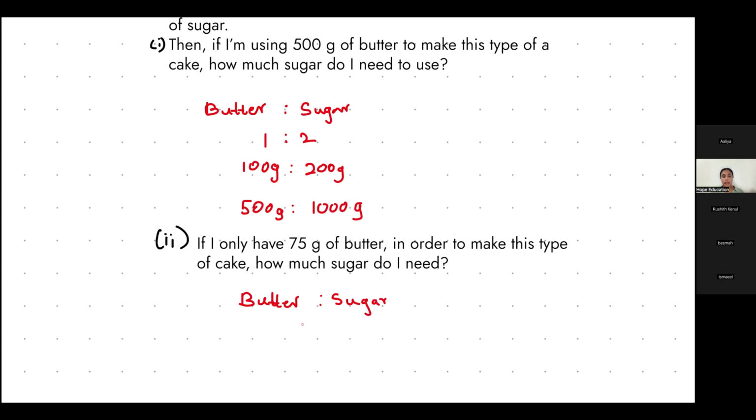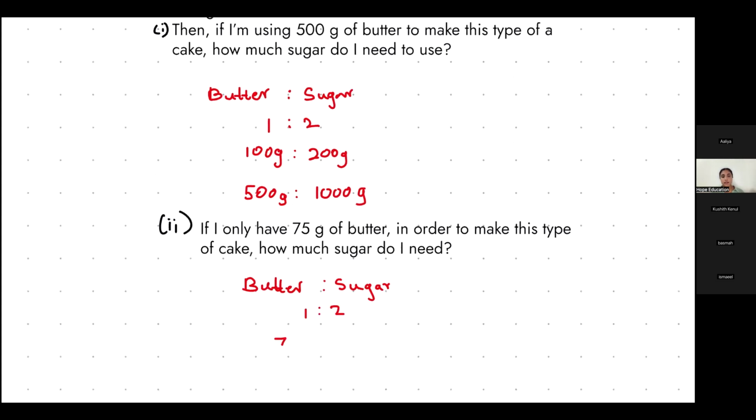Then if I only have 75 grams of butter, I have to use double that amount in sugar. 75 times 2 is 150. Then I have to use 150 grams of sugar. Am I still lagging? Or can you all hear me? You can hear us. All right. Did you all understand this?